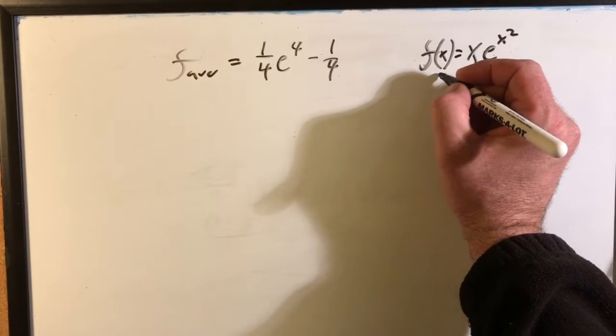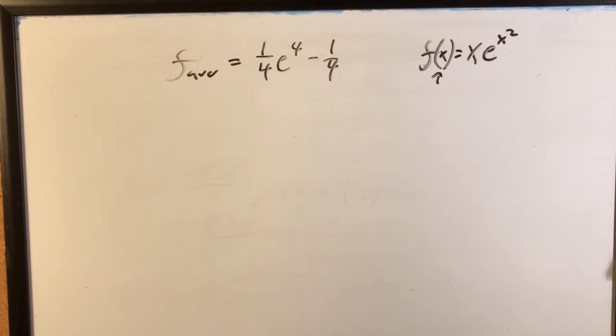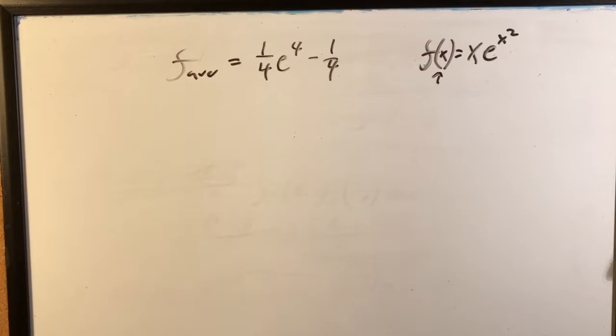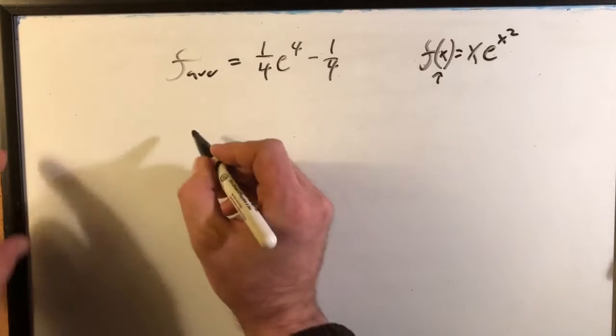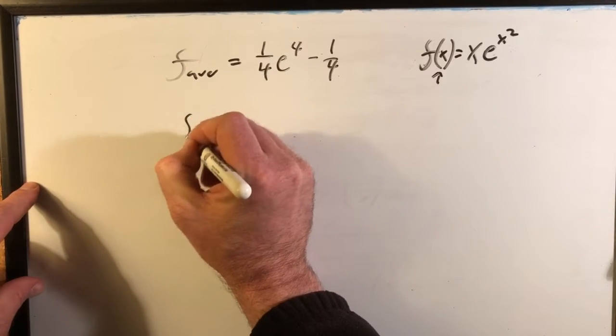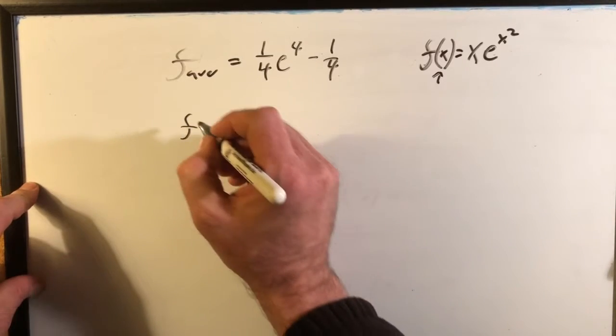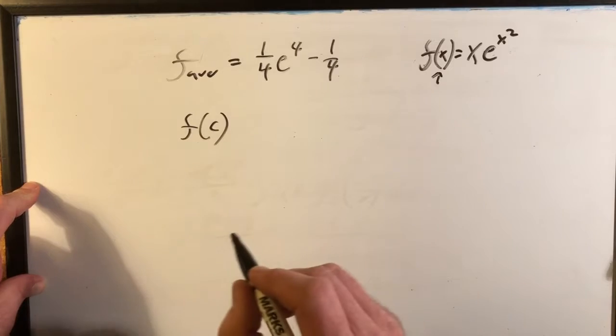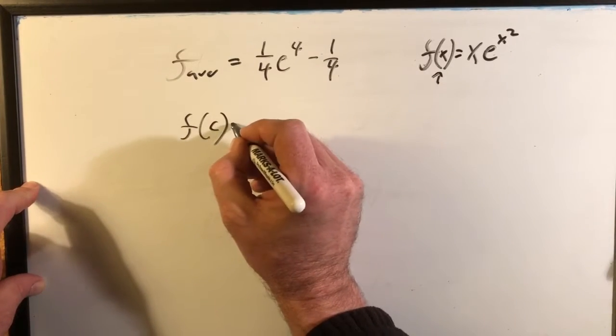So what I want to try to do is find that value c. That might be a little bit complicated here. Might have to take a little bit more time. Hopefully on a test they don't quite give it to you like that. So we know what the average is.